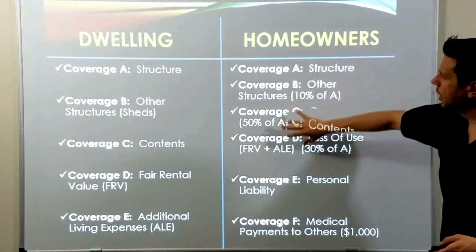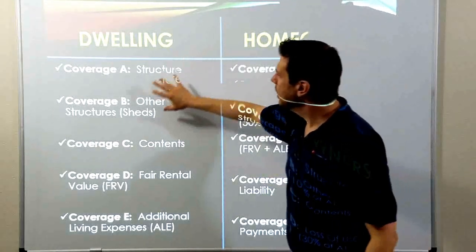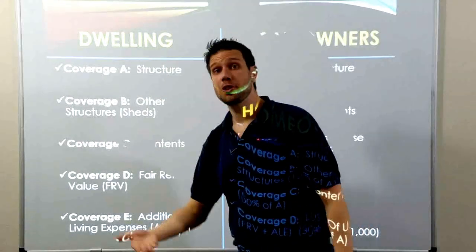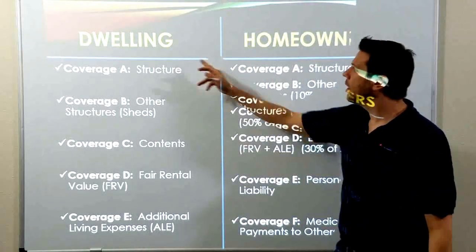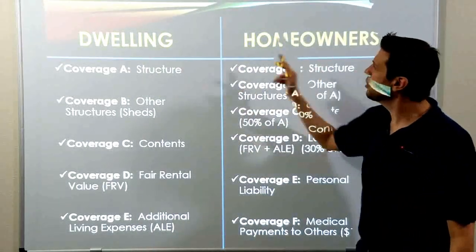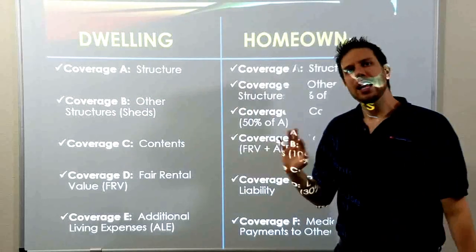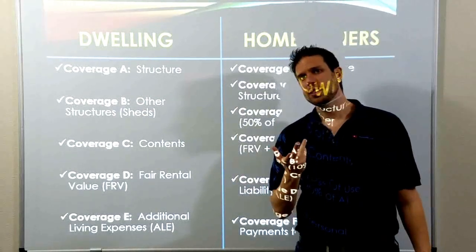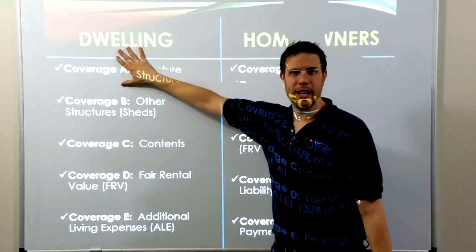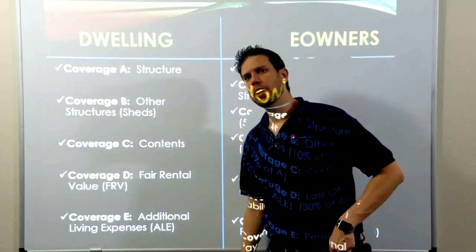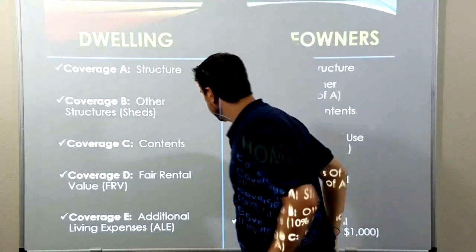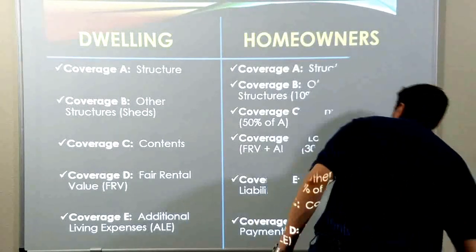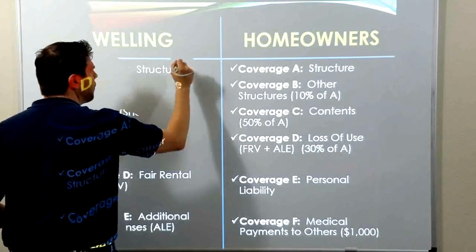The coverage letters tell you how much coverage you have. So coverage A is known as structure. That means that your house is covered for, say, 100,000.